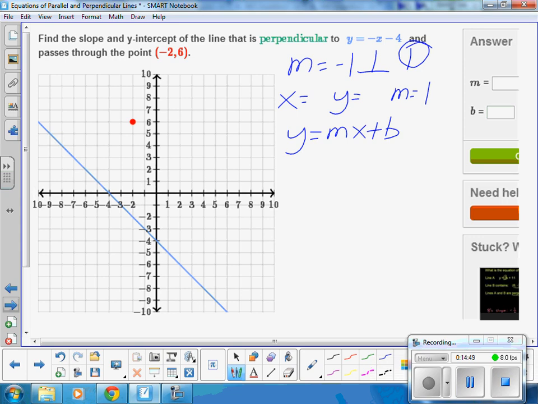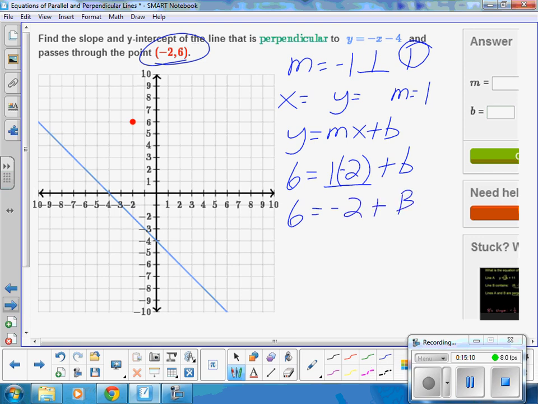Okay? My x and y are going to come from the red point. So my y is 6. That is equal to m, 1, times x, negative 2, plus b. Do this math. 6 is equal to negative 2 plus, and I'm going to put that as a capital B so we don't get that confused with my 6.